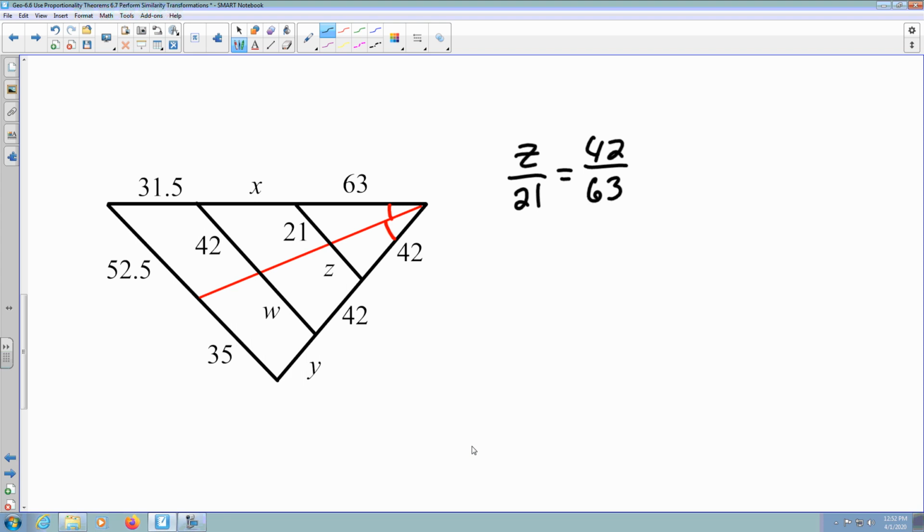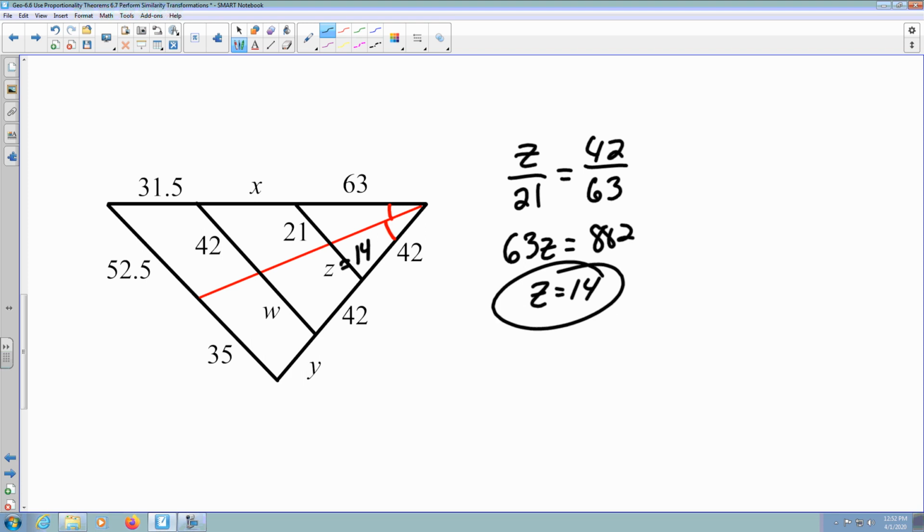Looking at that, doing the cross products, I get 63Z is equal to 21 times 42, and that's 882, divide that by 63, Z equals 14. So this equals 14, all right?